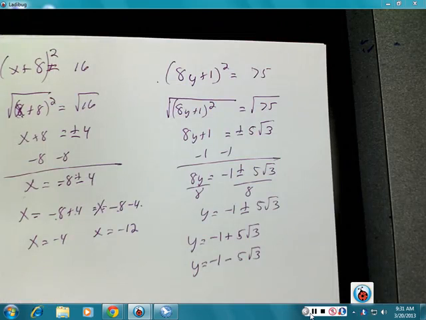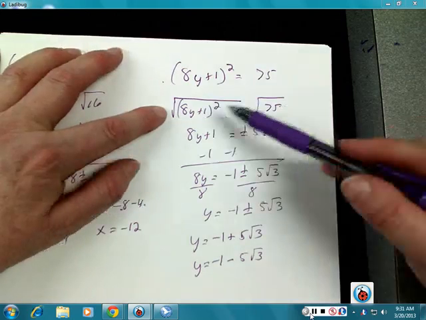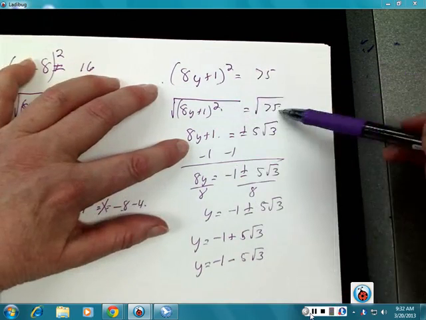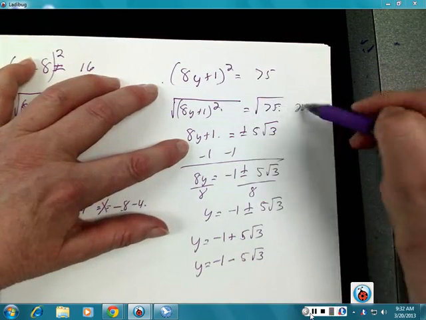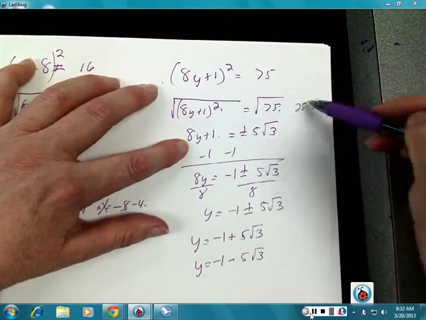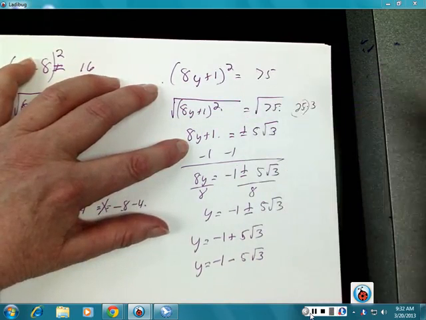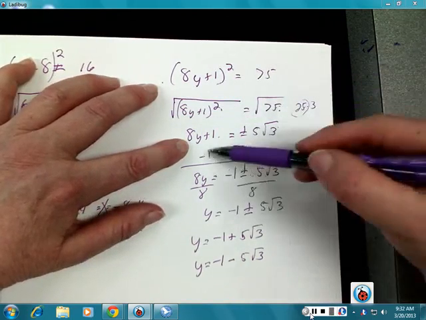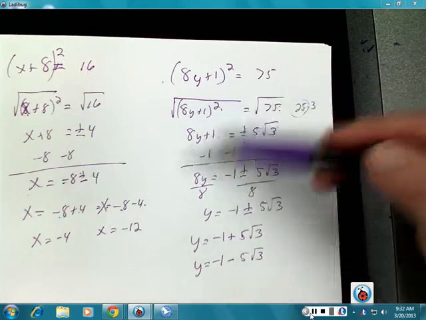So if you took square roots of both sides, square root of that side removes the squared symbol. This side, 75 is made up of 25 times 3. So 25 is a perfect square, so I can pull out a 5, leaving a 3. Move my negative 1 over.